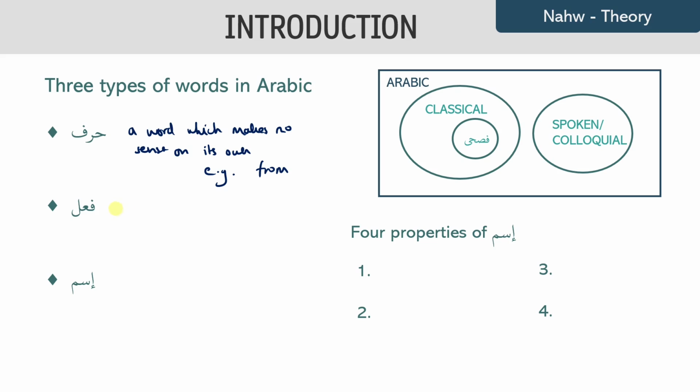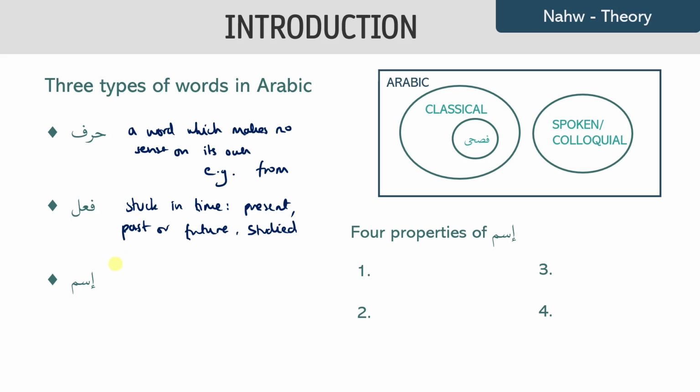And then you have fi'lun. This is a word that is stuck in time, either in the present, past, or future tense. Words like studied, for example. I did this in the past.